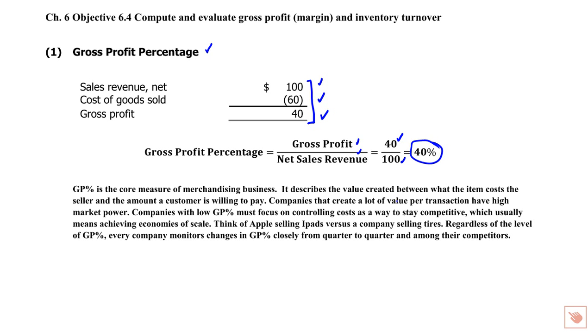So it's really industry dependent. But generally anything around 30 to 40% is reasonable, is consistent with a viable business. Numbers over 50% are super strong and indicate a company that has a very high demand.